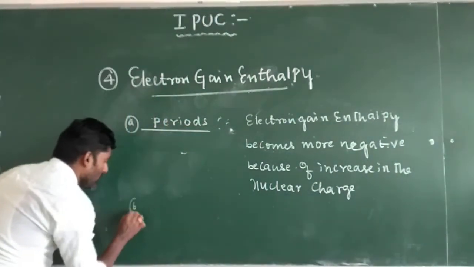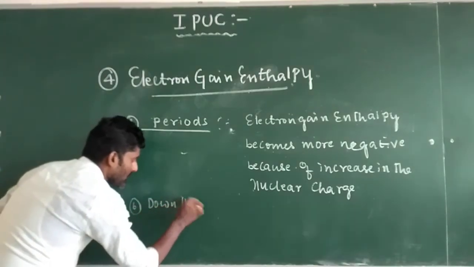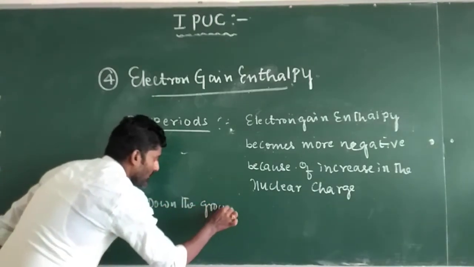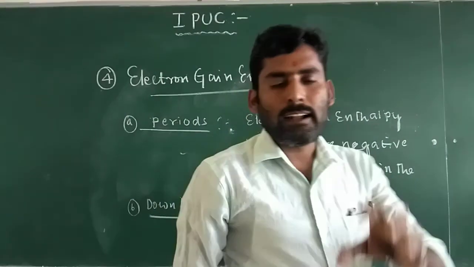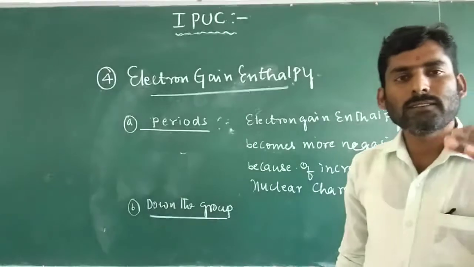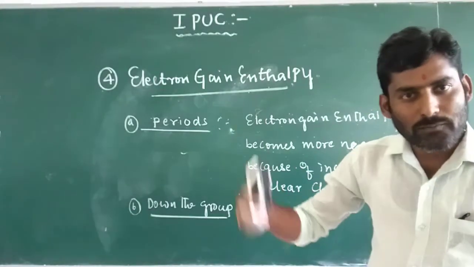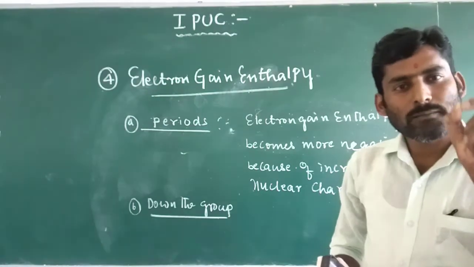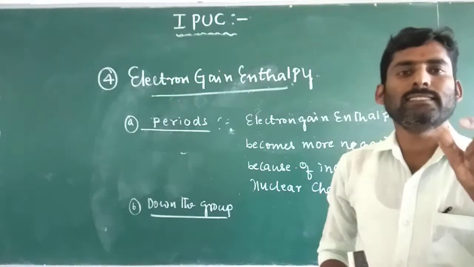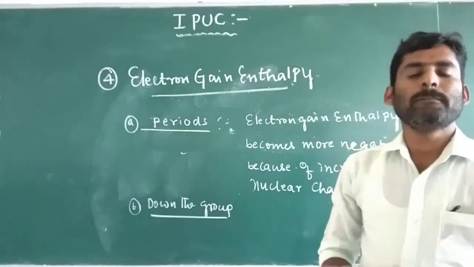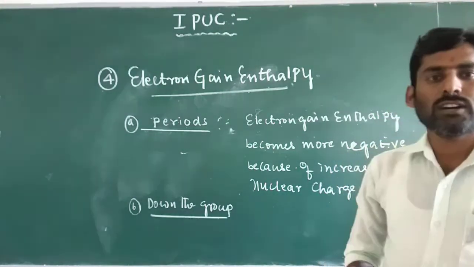And down the group of the periodic table, electron gain enthalpy becomes less negative because of increase in the atomic size and decrease in the effective nuclear charge.